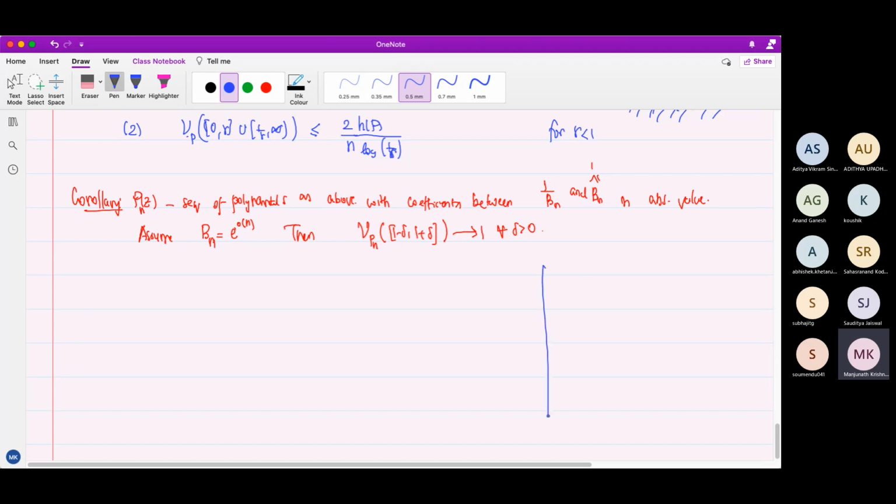If we have a0, a1, ..., an IID, and p of z is a0 plus ... plus an z to the n, then the angular distribution of roots converges to uniform. This is true without IID as long as this is non-degenerate.